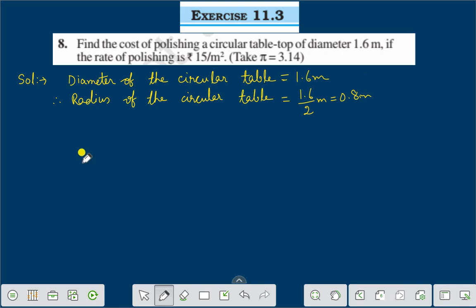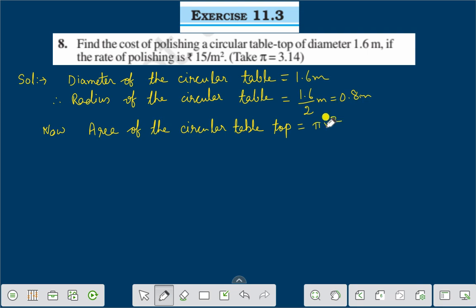Now, area of the circular tabletop is equal to pi r square, right?